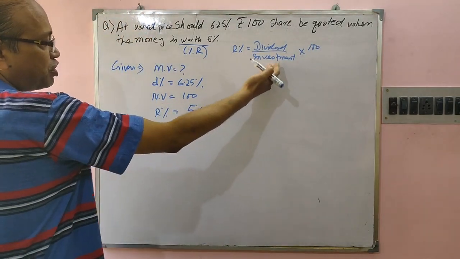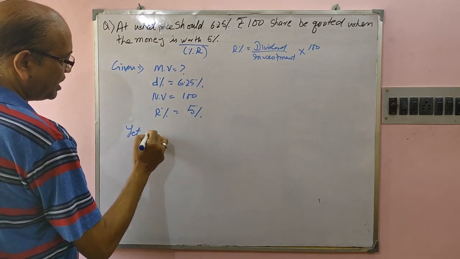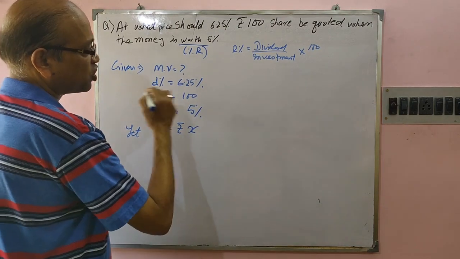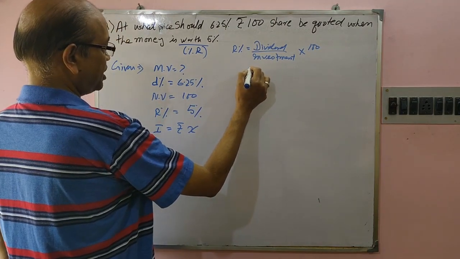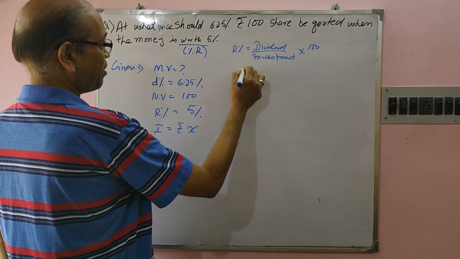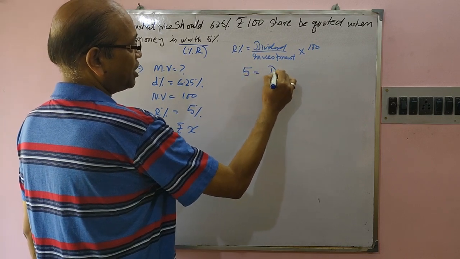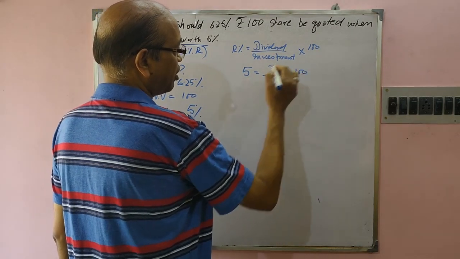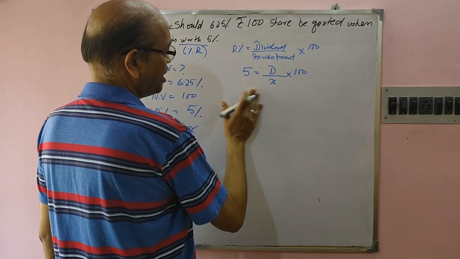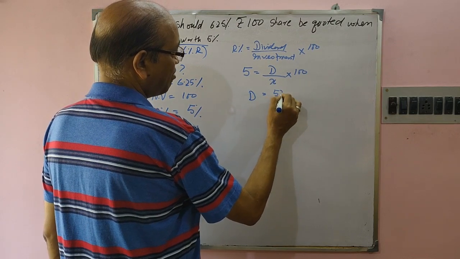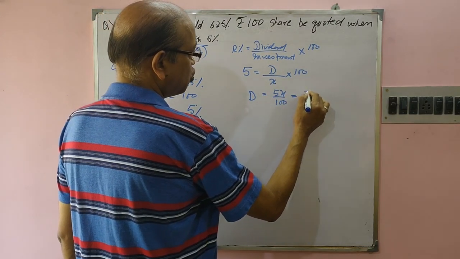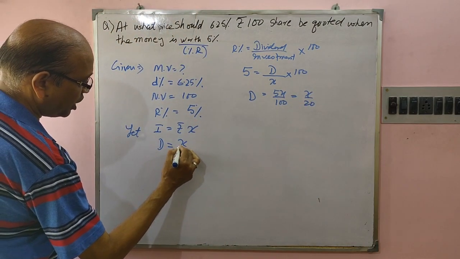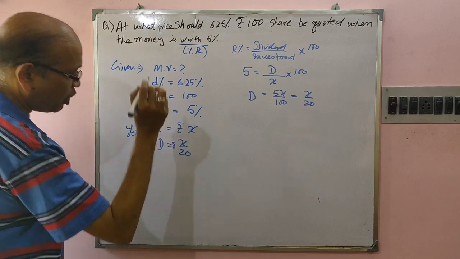We do not know the investment, so let investment be rupees X. Therefore, return percent is 5, which is dividend by X into 100, or dividend is equal to 5x by 100, which is equal to x by 20. Therefore, dividend is equal to rupees x by 20.